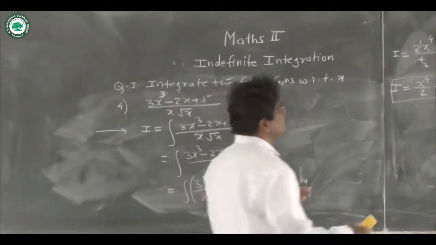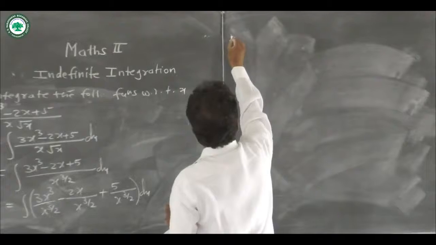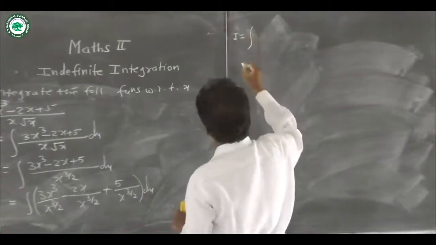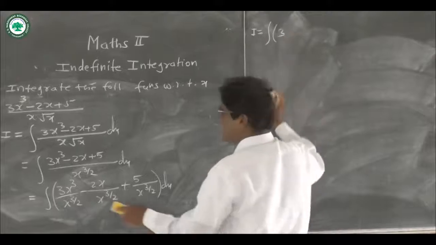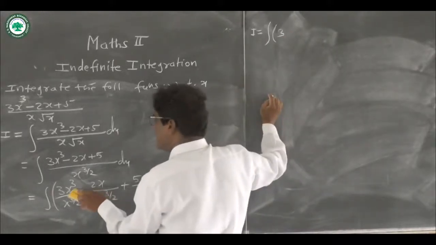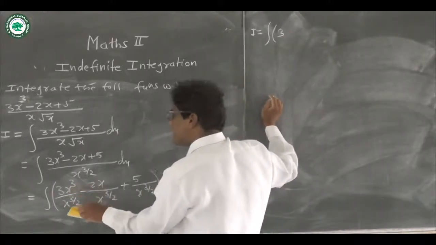Now next, I is equal to integration of 3, here x to the power 3 in the numerator, x to the power 3 by 2 in the denominator.